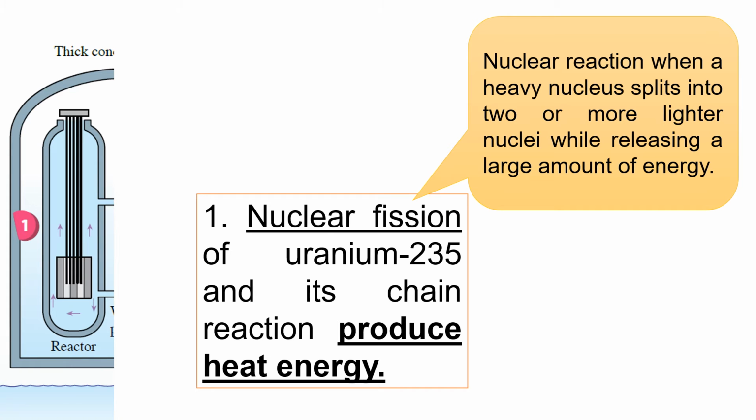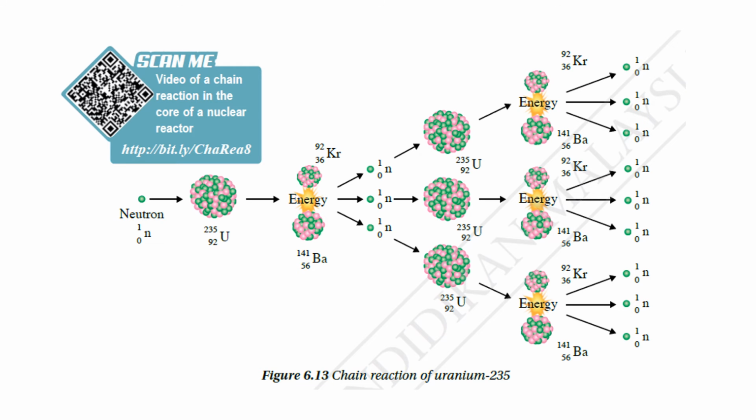Nuclear fission is a nuclear reaction when a heavy nucleus splits into two or more lighter nuclei while releasing a large amount of energy. Then, this is the chain reaction of uranium-235. In a nuclear reactor, the fission of a uranium-235 nucleus will produce two daughter nuclei, three fast-moving neutrons, and also release a large amount of energy.